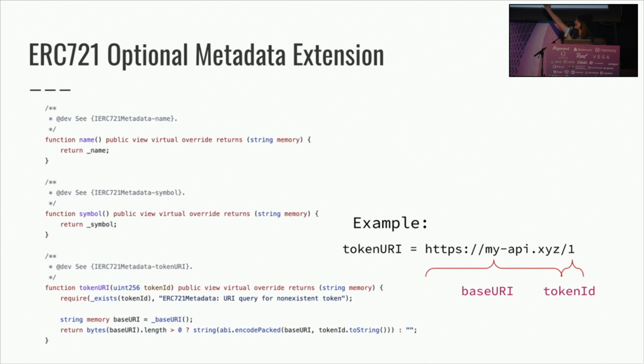This is the implementation of the optional metadata extension, and you'll see token URI is really where all that metadata comes from. Everything you see on OpenSea, the picture, I'm going to refer to as metadata. What the blockchain returns in most cases is a base URI and then maybe a token ID appended. So the blockchain has a link, but it's pointing to something external. That's where all the art lives for 99.999% of NFT projects.